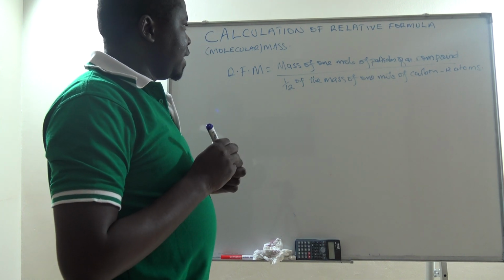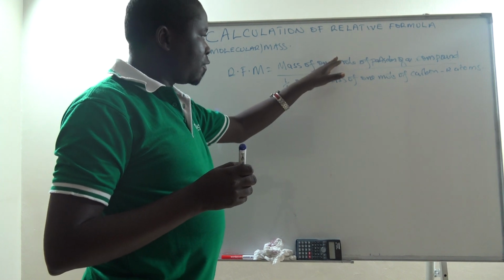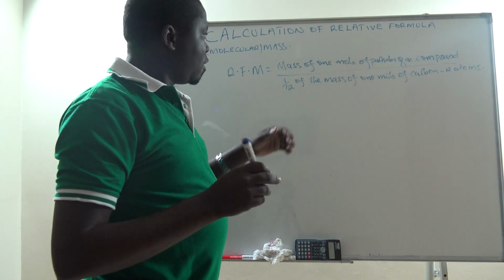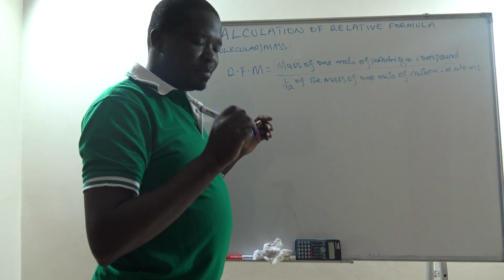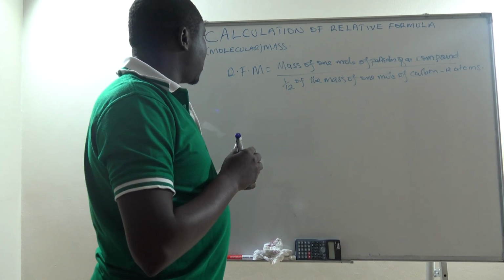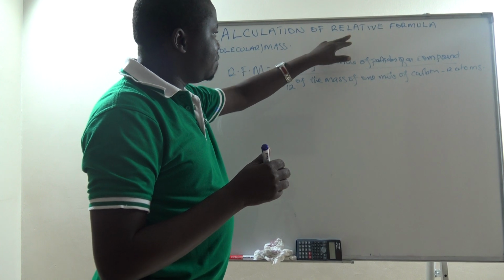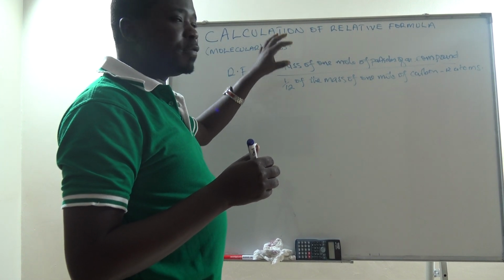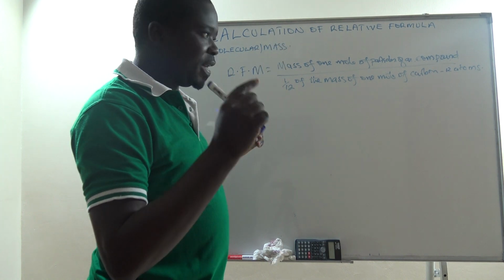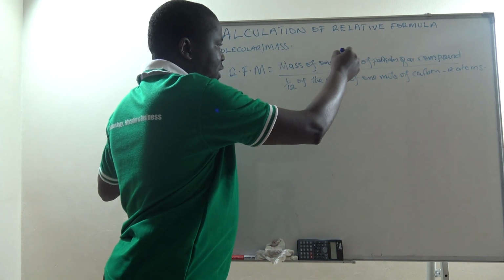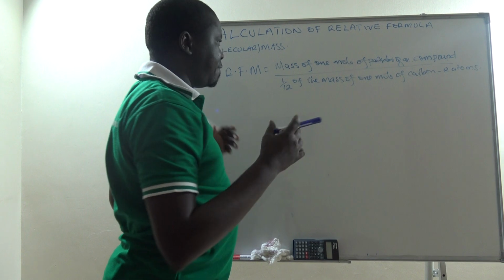If we substitute and work it out, we get a value which has no unit. It's not in grams. Relative means there is a relationship between two similar items with the same unit, and in this case the units cancel and you remain with just the values.